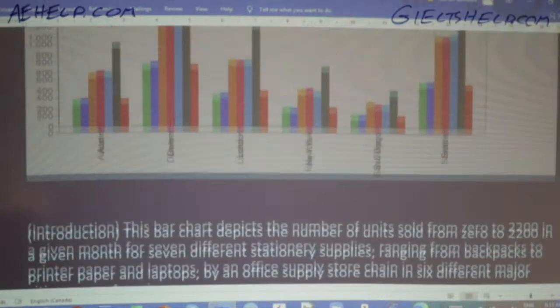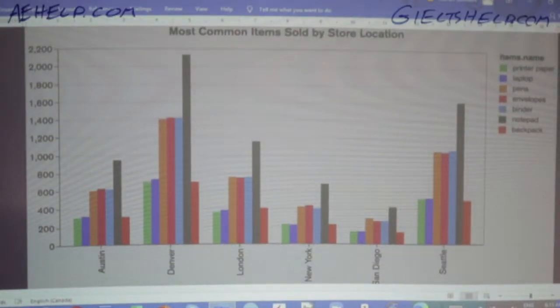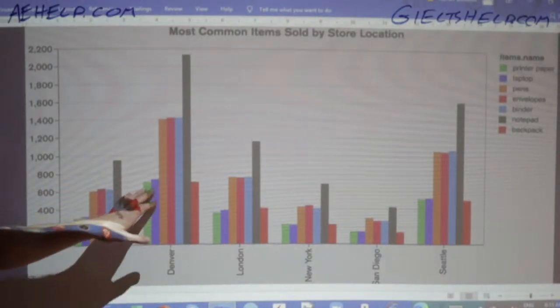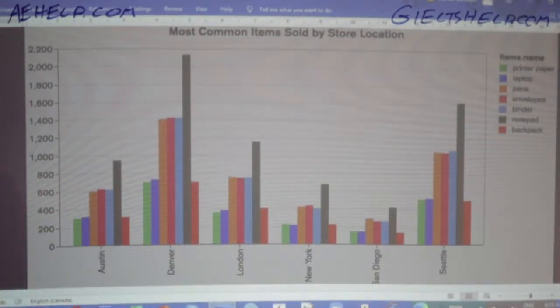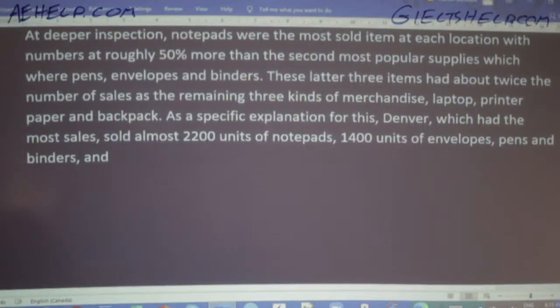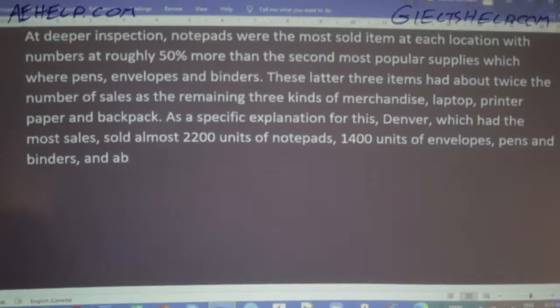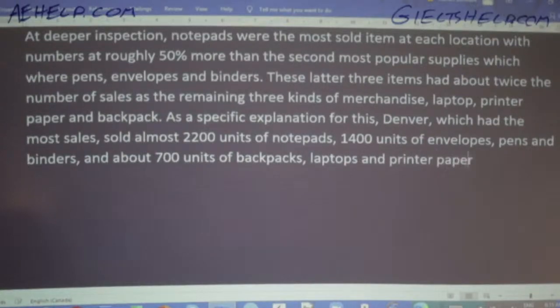And so this is where I get into specifics, okay? And about 700 units of backpacks, laptops, and printer paper. Okay. All right. So that's the most.